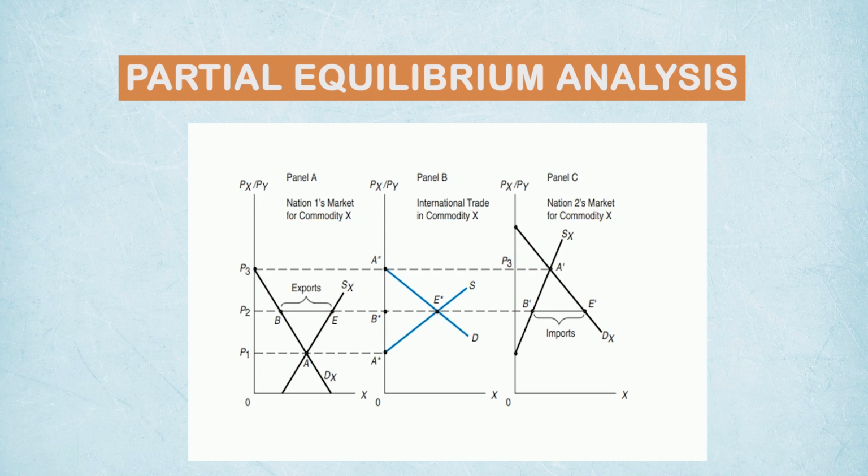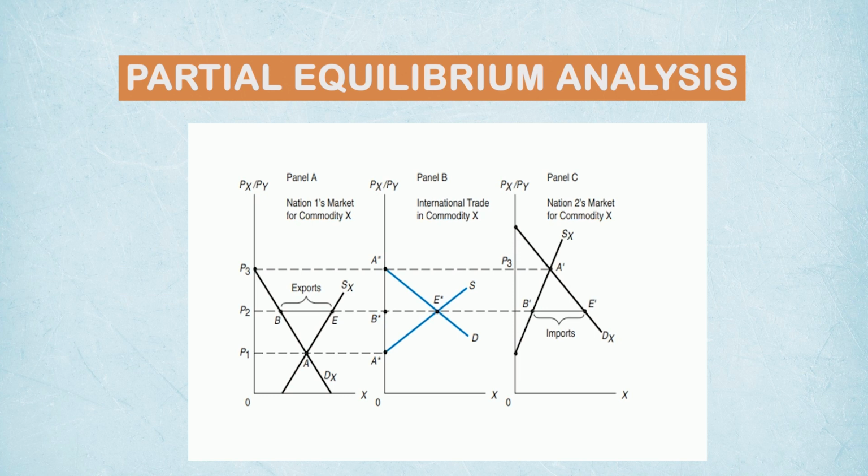Now in between P1 and P3, there is a price P2. Students, look at price P2. At this price P2, my demand is P2B, whereas my supply is P2E. So this part, BE, is the export or excess supply. And excess supply means I should have the option to export. Now let's go to panel C, where country 2's figure is explained.